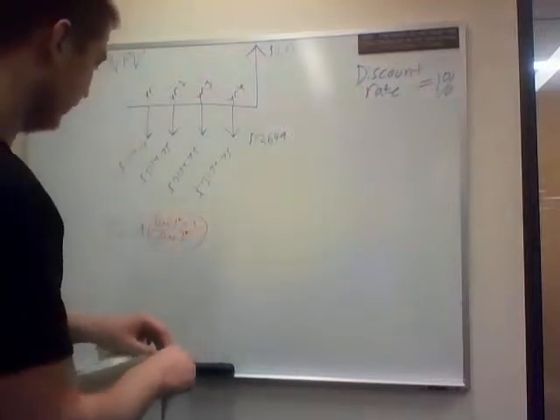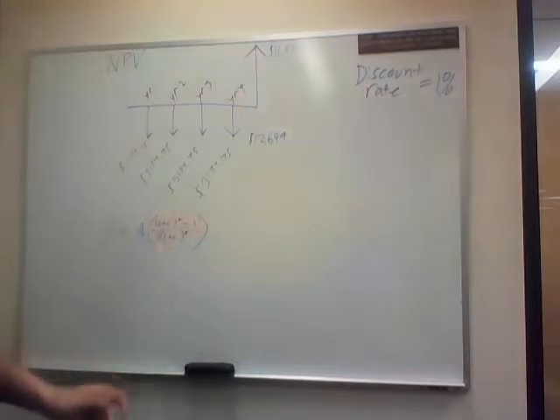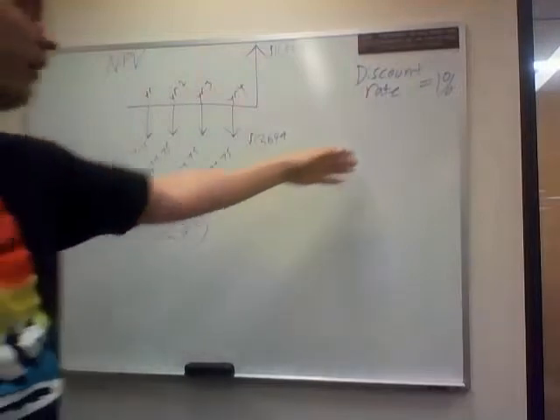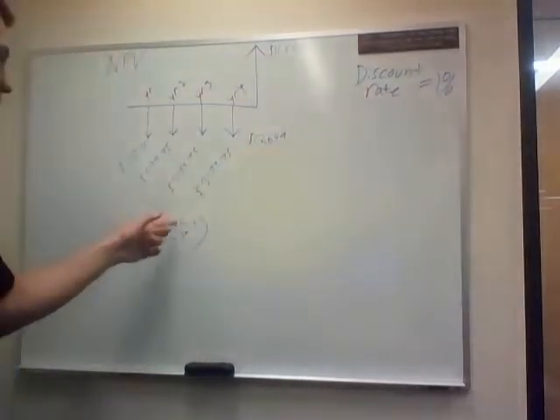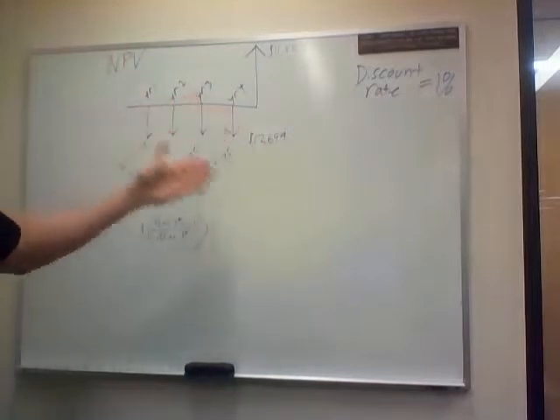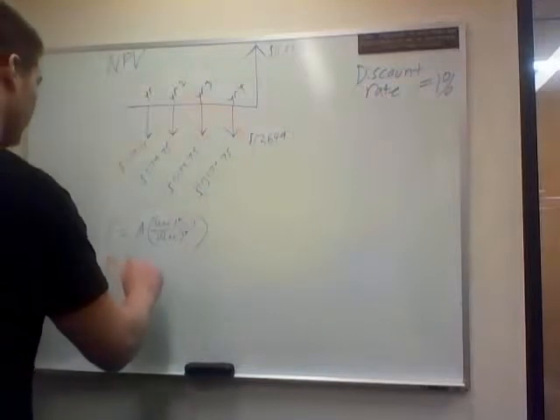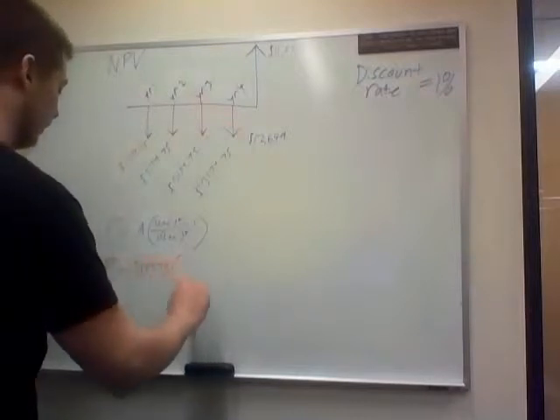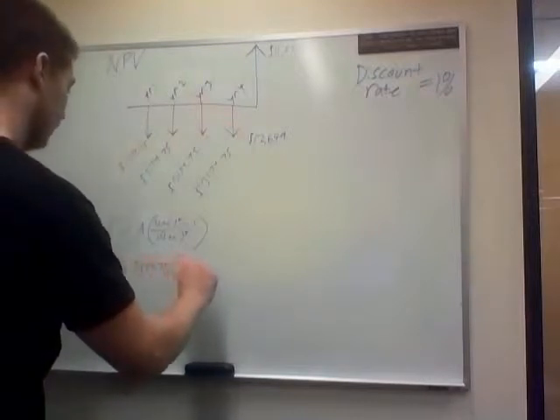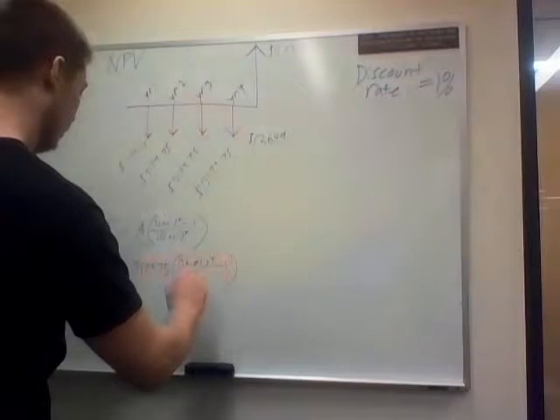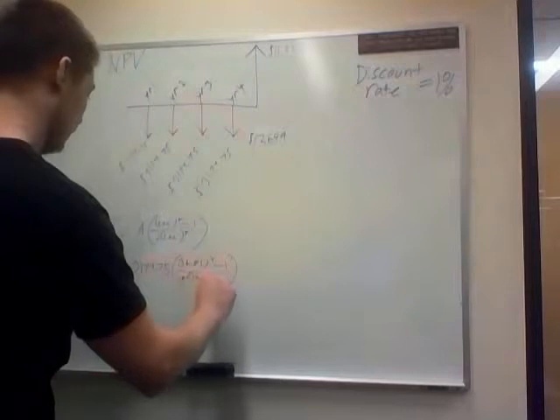In this equation, A is the amount of money it costs us to keep the car per year, annually. I is the given discount rate, which is 1%. And N is the amount of years that we're summing up, which is 4. So when we plug in values, we get P is equal to $3,174.75 times (1 plus 0.01 for the 1%) to the 4th power minus 1, over 0.01 times (1 plus 0.01) to the 4th power.